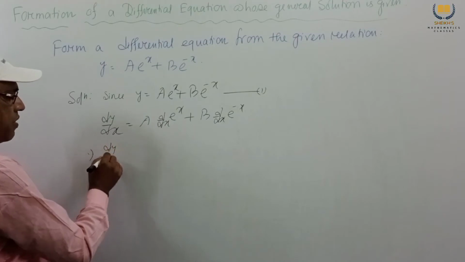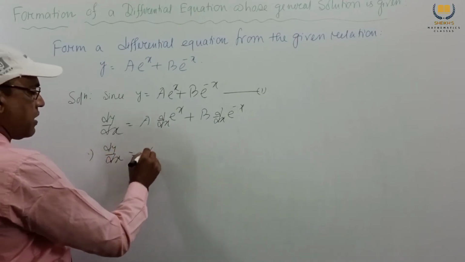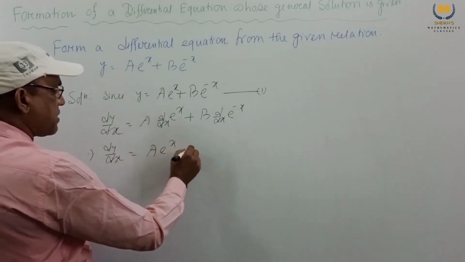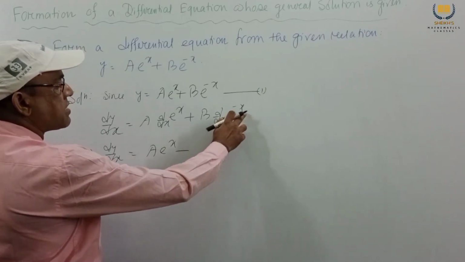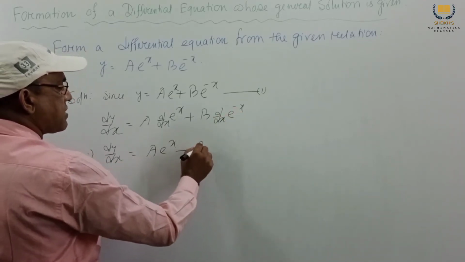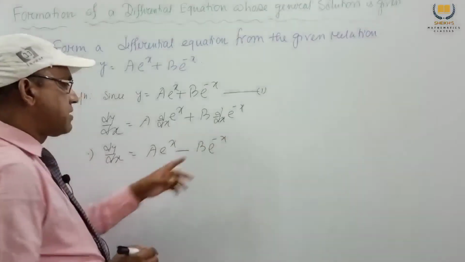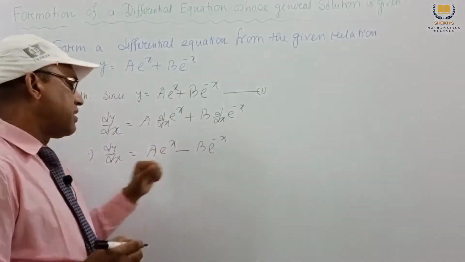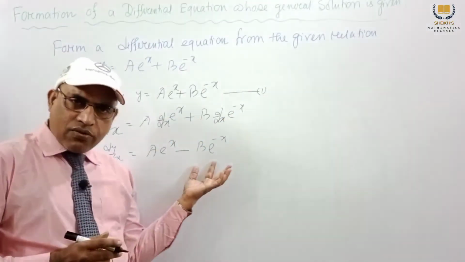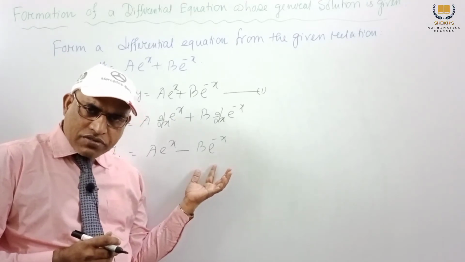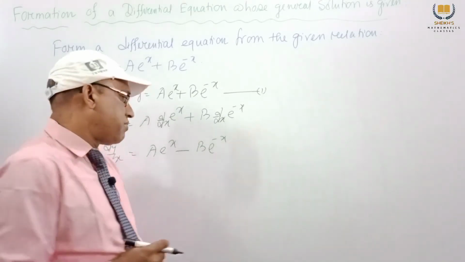And this is dy/dx equal to a e to the power x, and for e to the power minus x, if we write directly, then we get minus b e to the power minus x. But we have two arbitrary constants, so we have to differentiate two times.